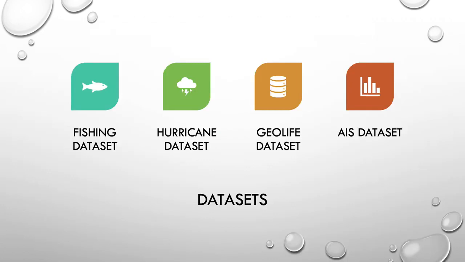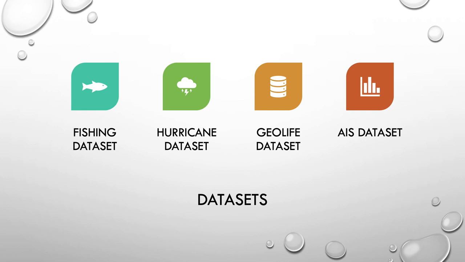Fishing, hurricane, and geolife datasets were applied to compare our proposed model with other algorithms. We collect and produce a dataset called a small AAS dataset, including the AAS data for 10 different vessels moving in the Halifax harbor to test our algorithm.